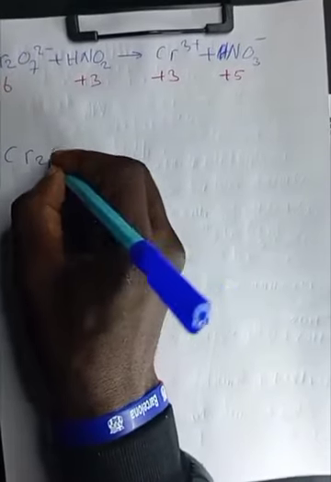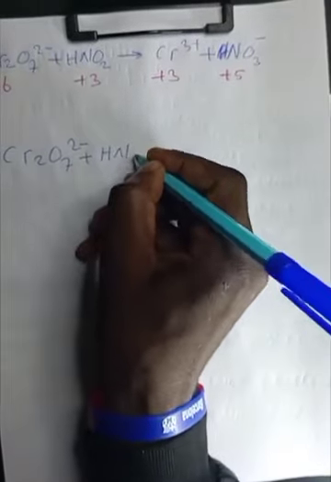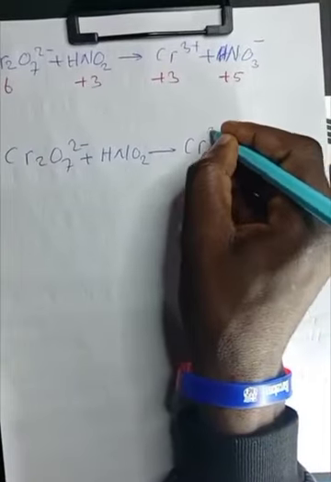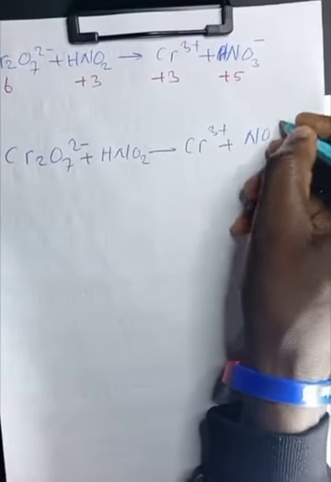So now let's rewrite it properly. We have Cr2O7 minus plus HNO2, we are getting Cr3 plus, then plus NO3 minus.